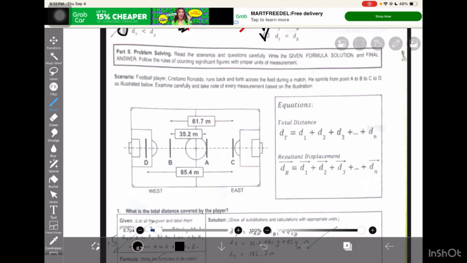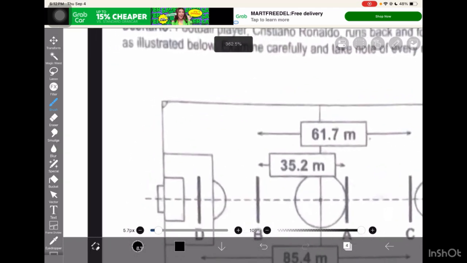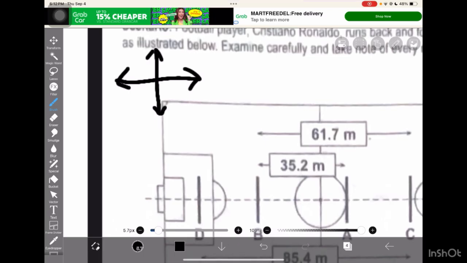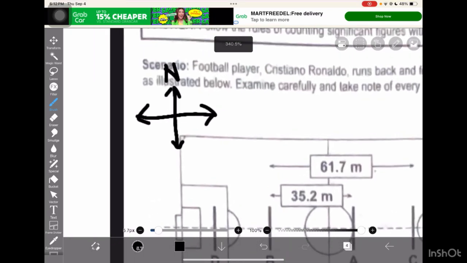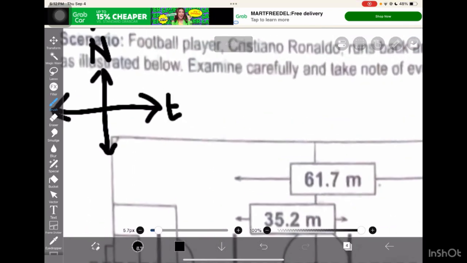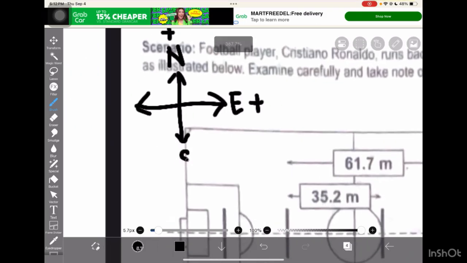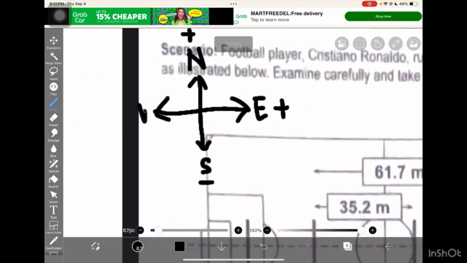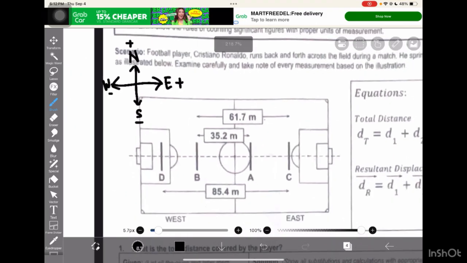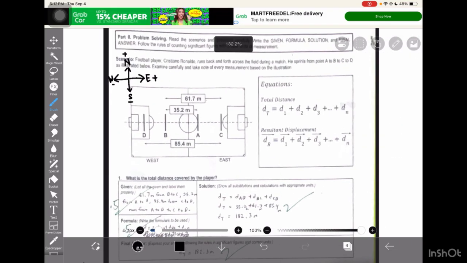Examine carefully and take note of every measurement based on the illustration. Now, let's put back our compass. Remember that N is plus, east is plus, S is minus, and west is also minus. That will come in handy later.